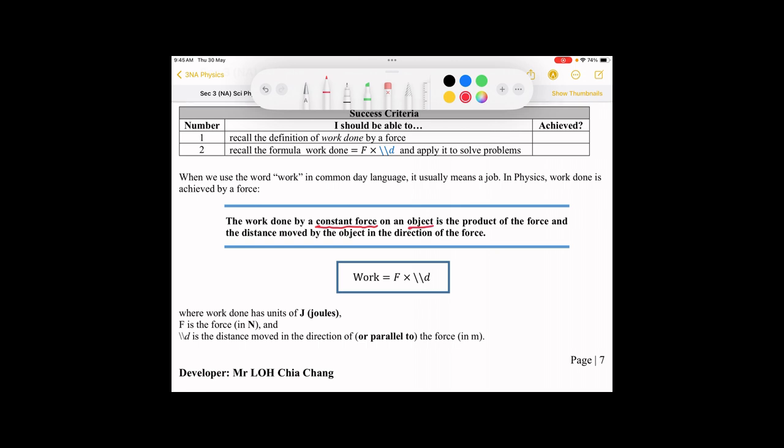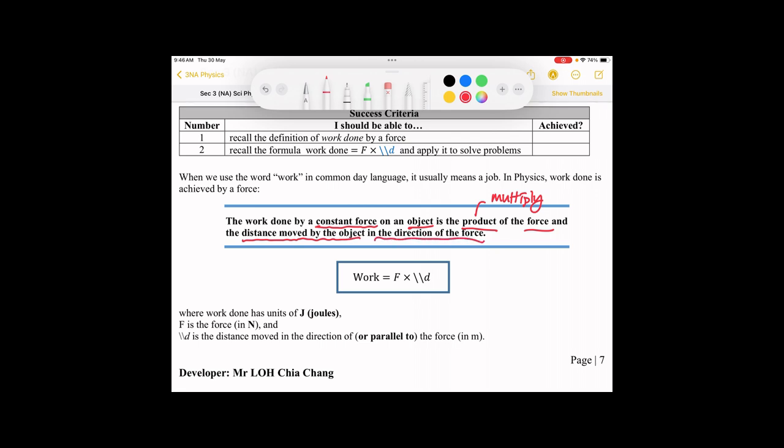So there must be a force applied for work to be done, and it is the product, meaning multiply, of the force and the distance moved by the object in the direction of the force.